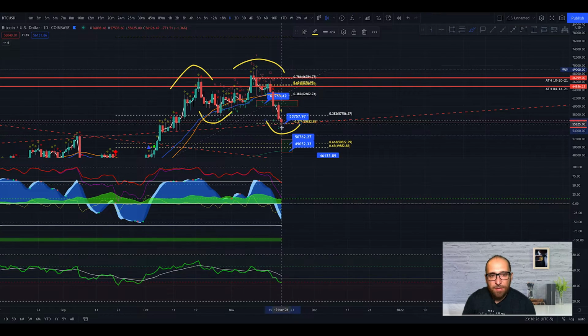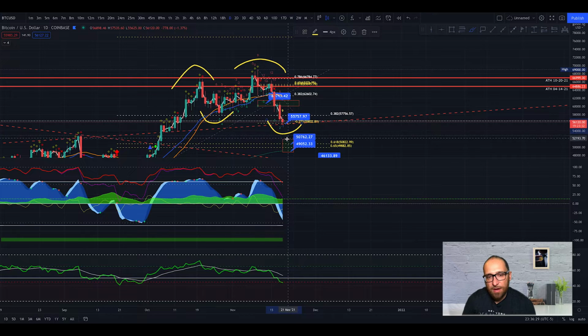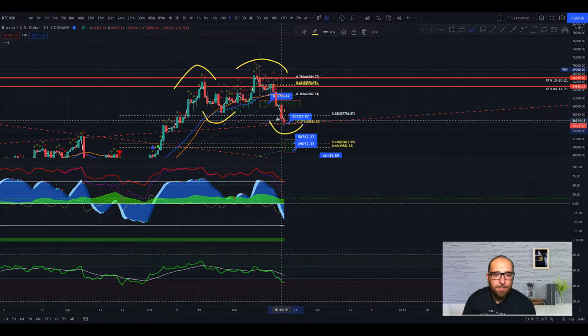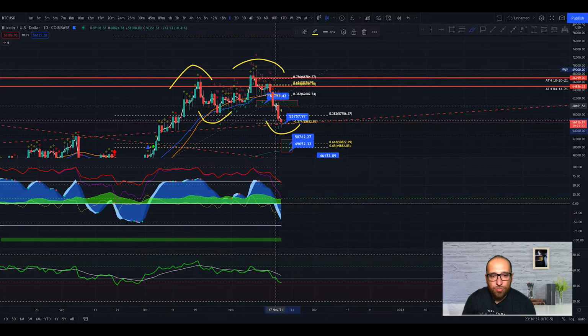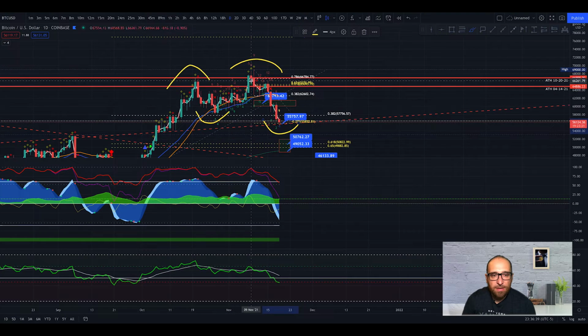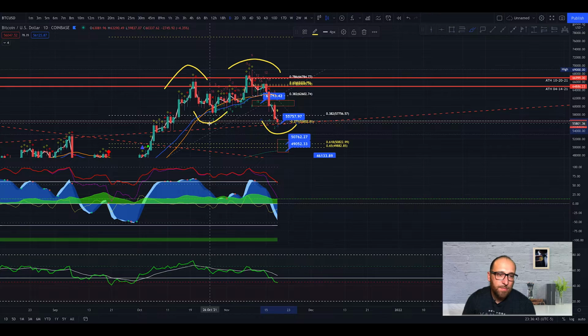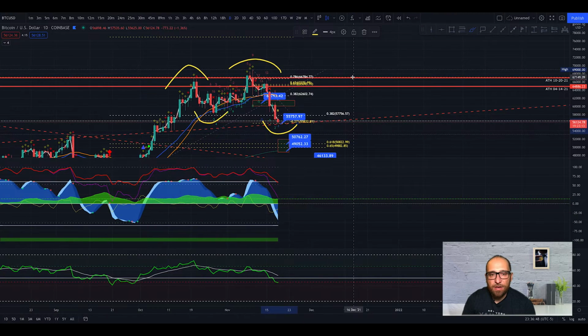Sincerely, for me, if this goes a little bit more down, like 50,000, 52,000, something like that, the pattern is more true. Like this is the left shoulder, head, and we need to wait for the creation on the right. We will see in the next days.